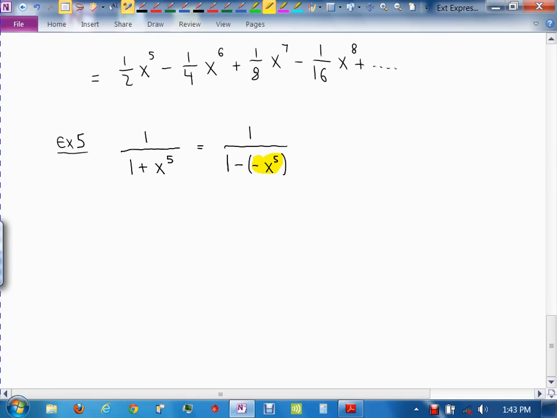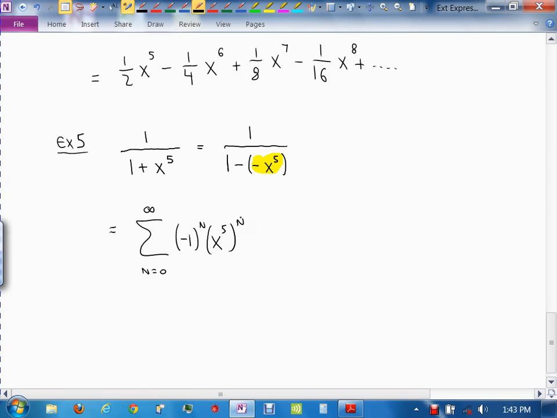And then just go straight to your sigma notation. N equals 0 to infinity of negative 1 to the n x to the 5th to the n.